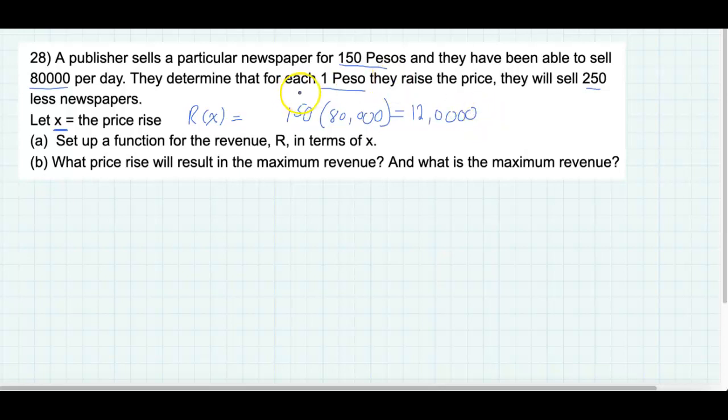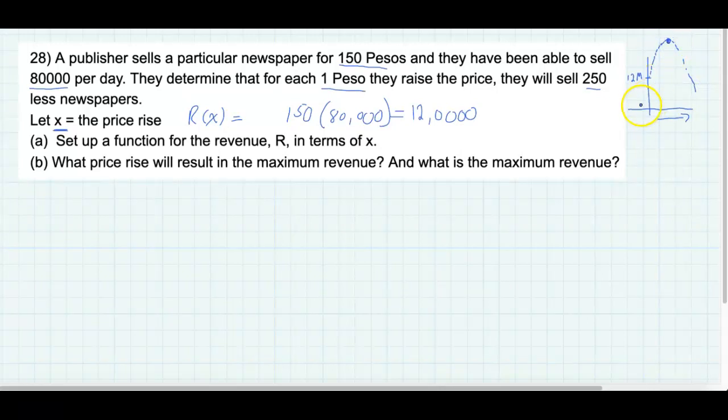Now, if X represents the price increase, I'm assuming that on a graph, this is 12 million, I'll just put 12M, and this is the increase, the X value. Right now at 0 increase, because X is the increase, it's going to increase the revenue, I'm hoping, and then eventually we'll reach a maximum revenue.